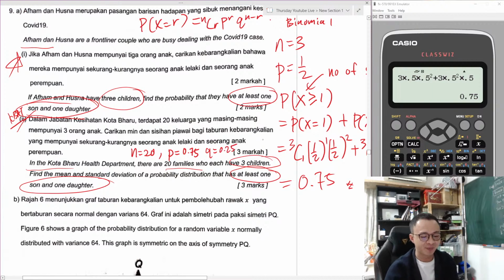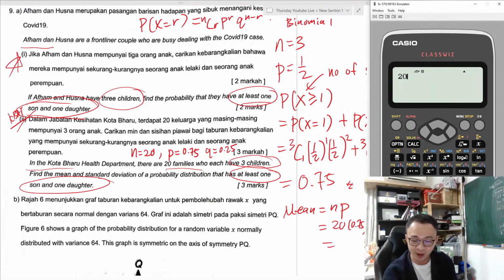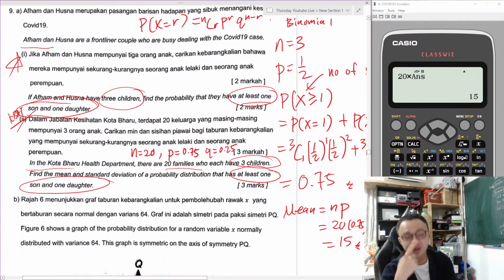Alright, so then we want to find the mean. All of us know the mean in this topic is np. So it's 20 times 0.75, 20 times the answer just now. So I have 15 families who will have 3 children with at least 1 boy and 1 girl.